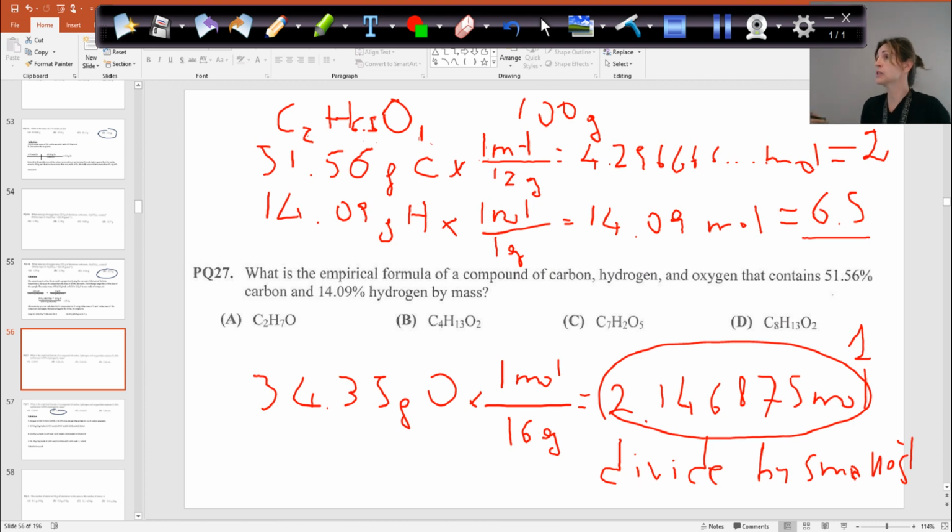Multiply by the smallest whole number that gets you to the whole number ratio. And that's exactly it. So what would that be? If it's a 0.5, how do you, sorry. I need to make 6.5 into a whole number without points.